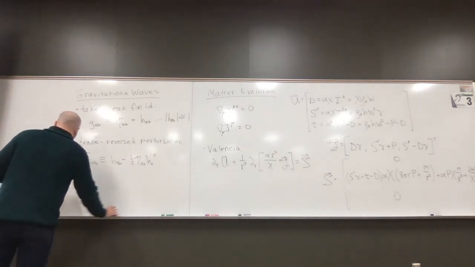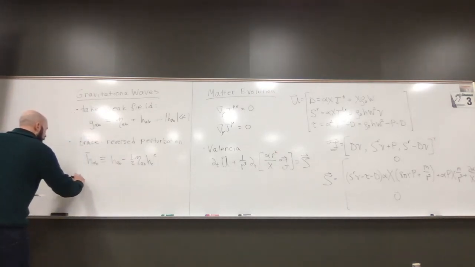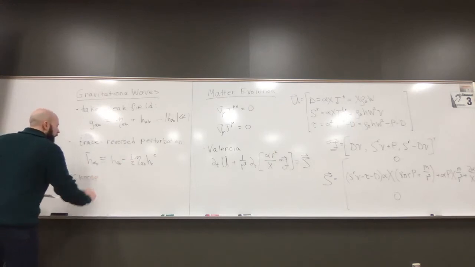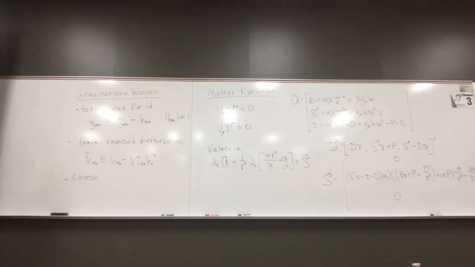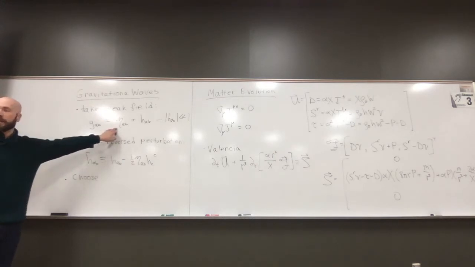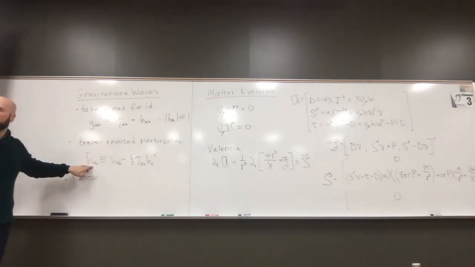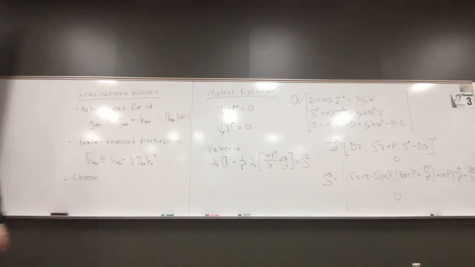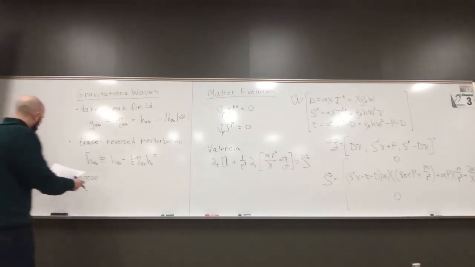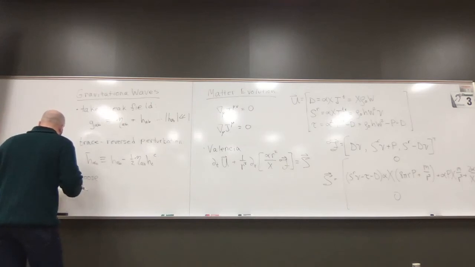And now we can choose our gauge to make constraints on this. So the goal here is to get at, we know what the flat metric is, so what we really need to solve for is what the metric perturbation is, given some stress energy tensor or something like that, or some initial perturbation. Okay, so now we need to choose a gauge.